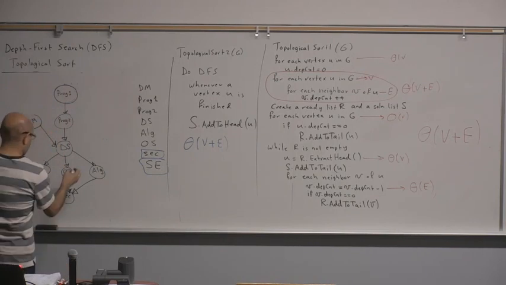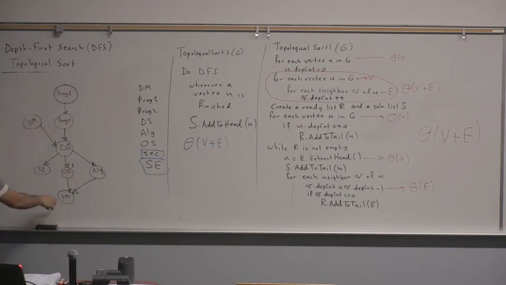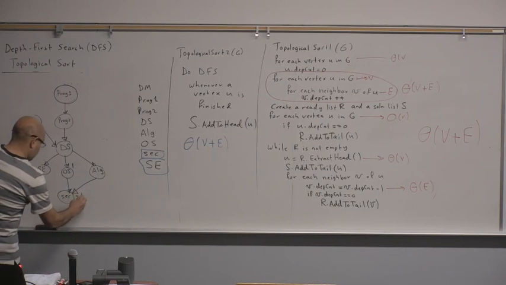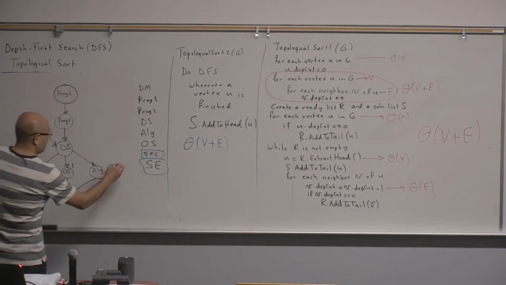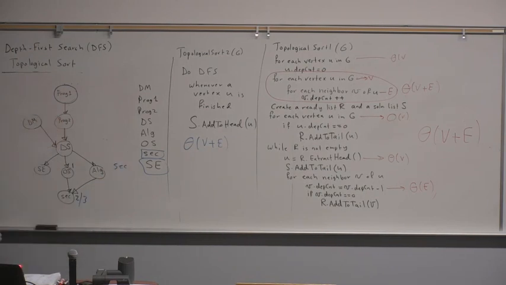So this is 1. So we will visit security. So this is going to be 2. So now it's time to finish security. So it's going to be 3. So we'll put security at the bottom of the list. Then we go back to the OS, and we are done with this source, right? So we have to pick another source. So give me another bad source.